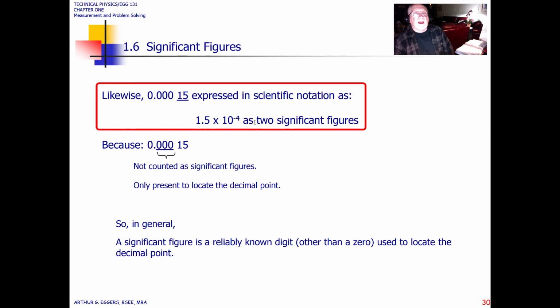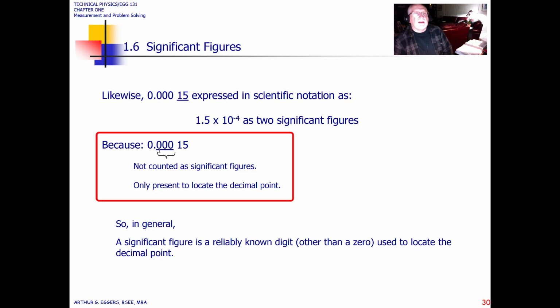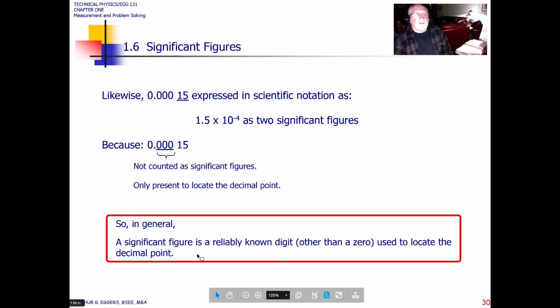We have now 2 significant figures, 1.5 times 10 to the minus 4th. Because those zeros are not counted as significant figures, they are only used and present to locate the decimal point. So in general, a significant figure is a reliably known digit other than a 0 used to locate the decimal point.